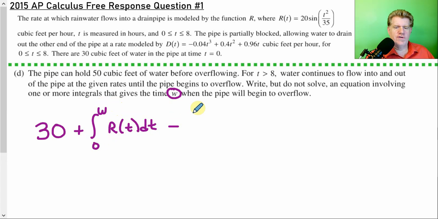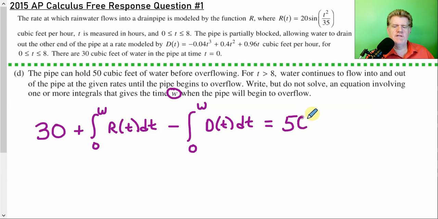We also know that it leaves at this rate. So I'm going to subtract this rate away, again, from 0 to w. And what do I want to know? I want to know if this ever hits 50.